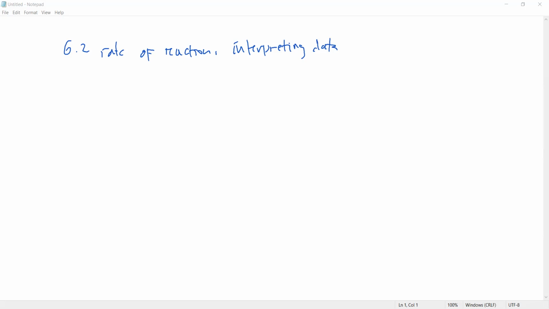Okay, now let's start from the raw data that we have. So far, we've discussed two types of following the rate of reactions. The first is when we have the gas collection, in which we are going to have tables of the time and the volume of gas.